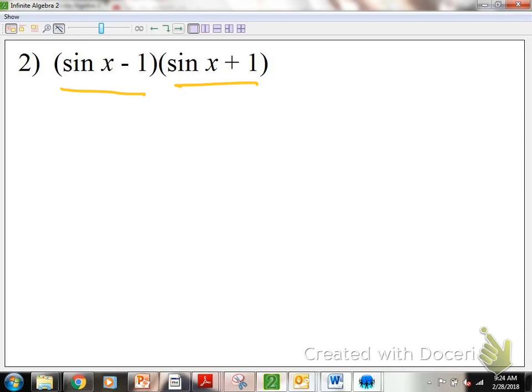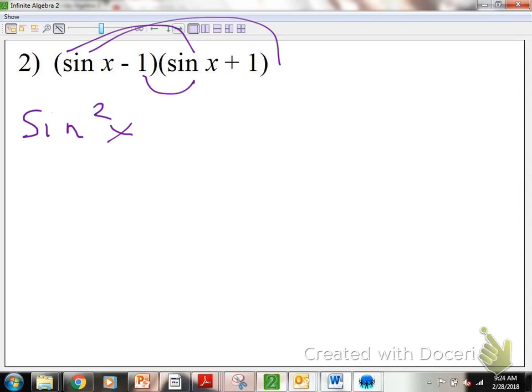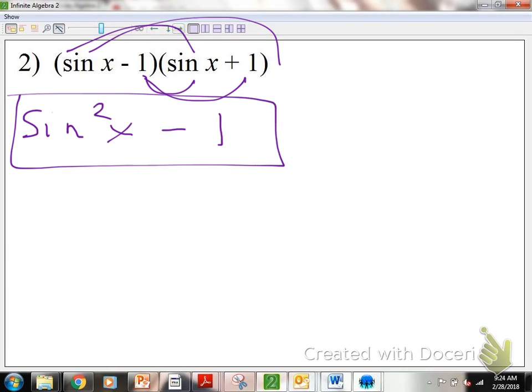So if we multiply sine x minus 1 times sine x plus 1, we're going to get sine squared x plus sine x minus sine x, no more sine x, right? And then 1 times negative 1 is minus 1. So that's the expression there.